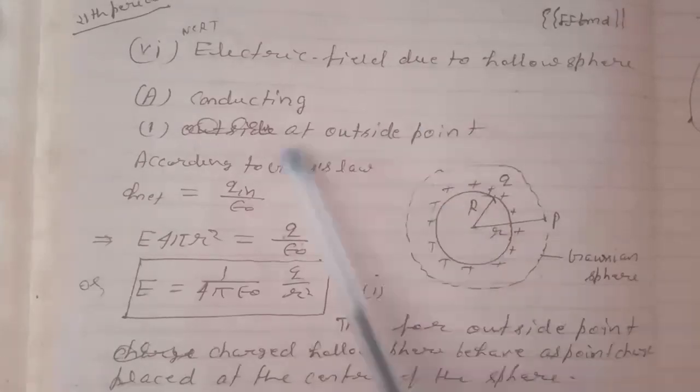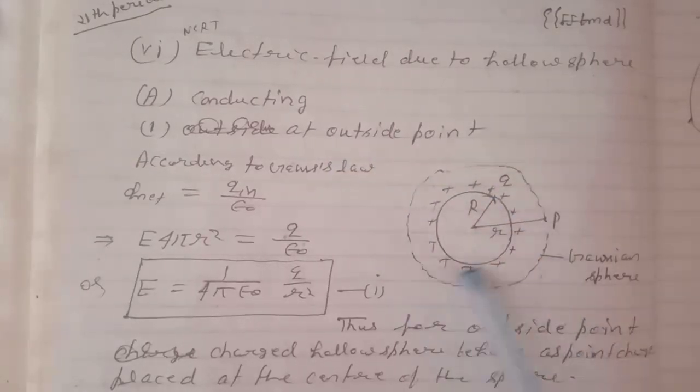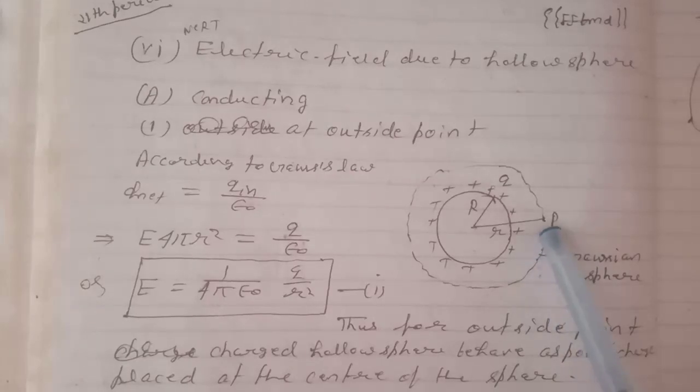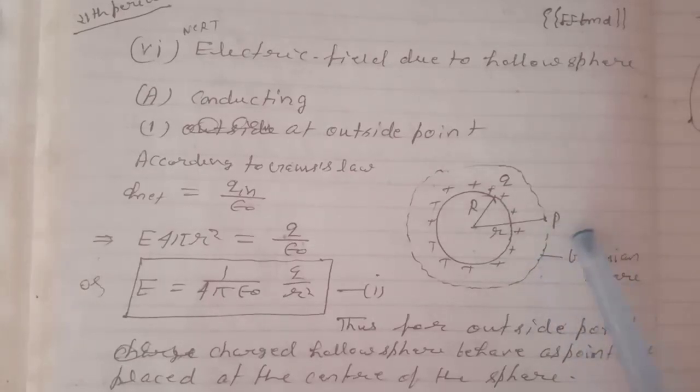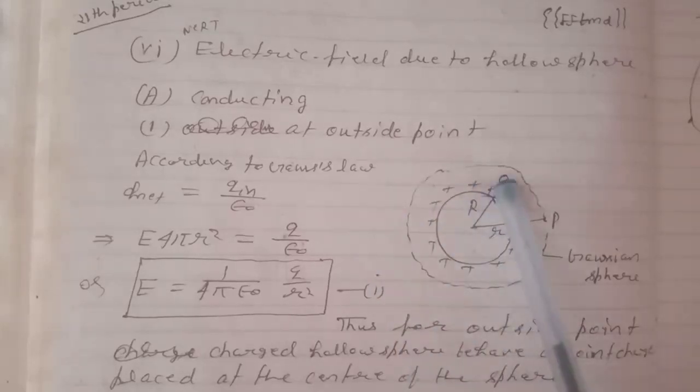To calculate the electric field at an outside point due to a hollow conducting sphere, we take a Gaussian surface at a distance r from the center and apply Gauss's law.